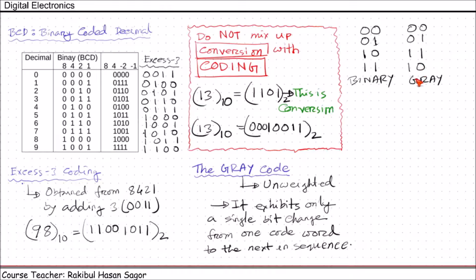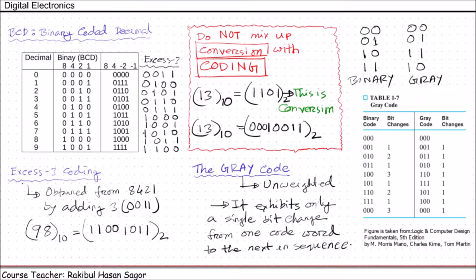Now let us see the binary sequence and the gray sequence for 3-bit case. For 3-bit case, the binary values are 0, 0, 0, 0, 0, 1, 0, 1, 0 in this way proceeded. So if we write the corresponding decimal value, here it's 0, it's 1, it's 2, it's 3, it's 4, 5, 6, 7.